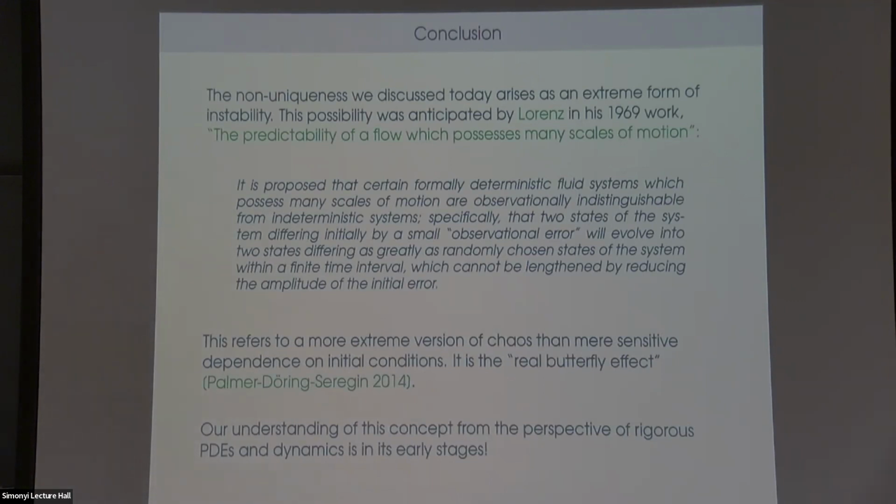What he's referring to here is the idea that, at least in the presence of many scales of motion, which we mathematicians should read as irregularity, there is basically a kind of predictability horizon, where you really can't predict the motion.